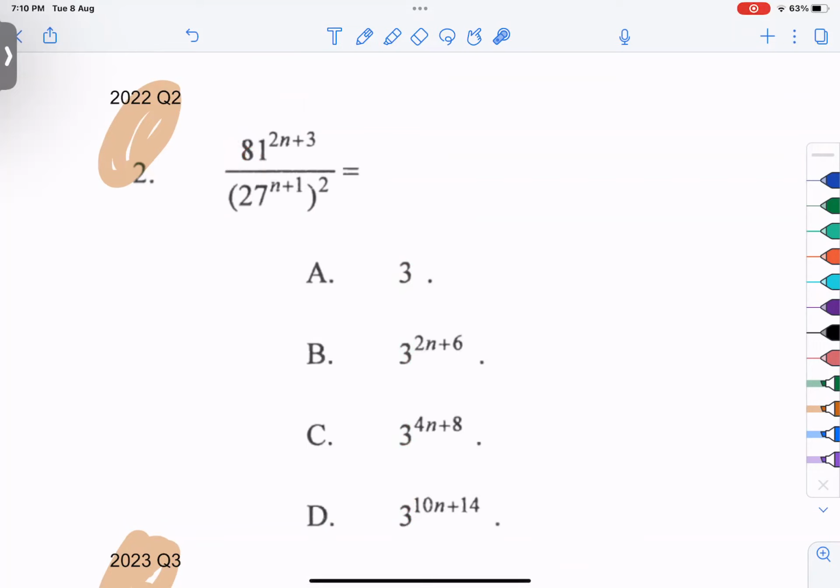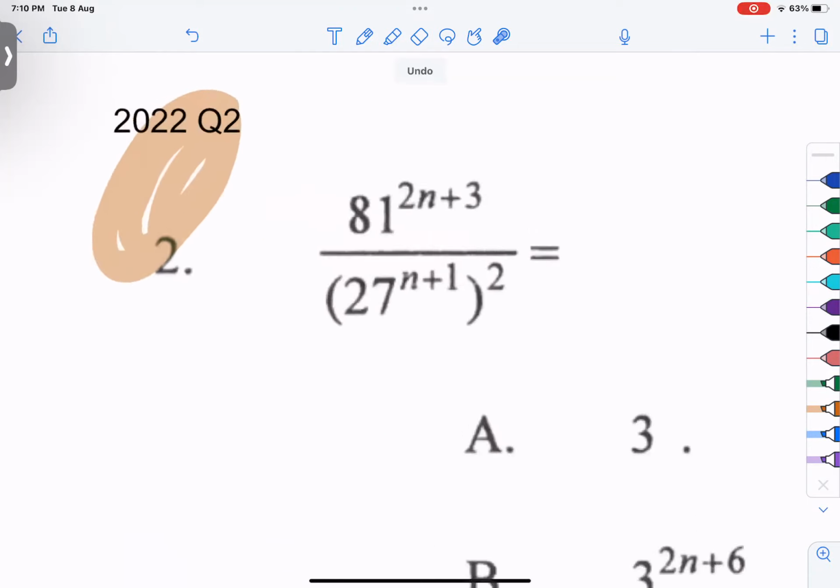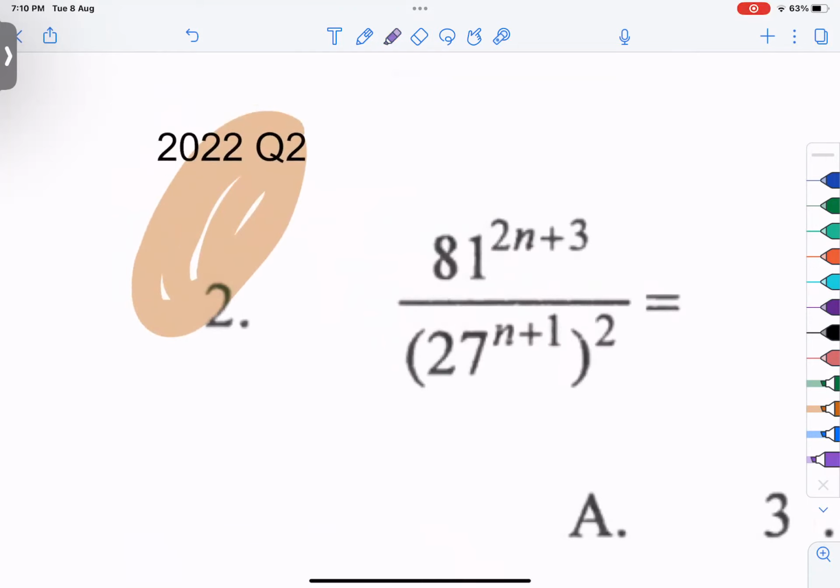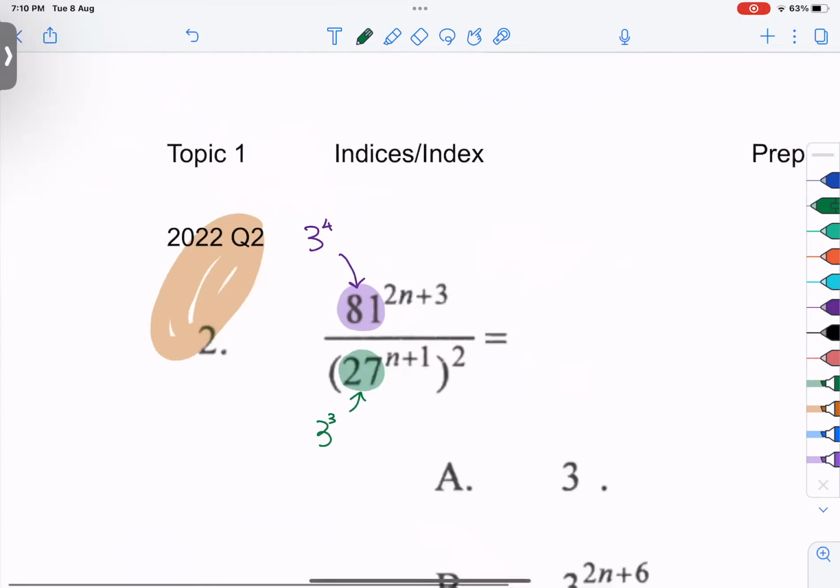What can 81 and 27 be replaced by? 81 can be replaced by 3 to the power of 4, and then 27 can be replaced by 3 to the power of 3. Yes, good.